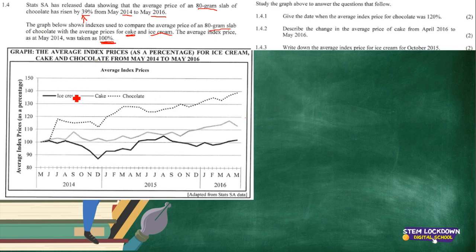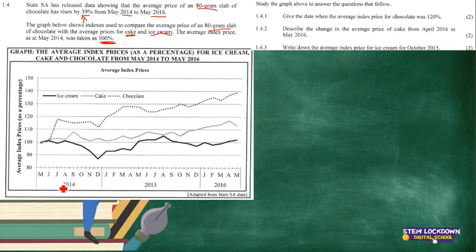So notice 2014 is 100%. This does not mean that the price of chocolate increased by 100%. It is taken as 100 because 100 is our reference point. It can go up or it can go down. Now notice here we are given M, J, J, A. You need to figure out what this stands for.